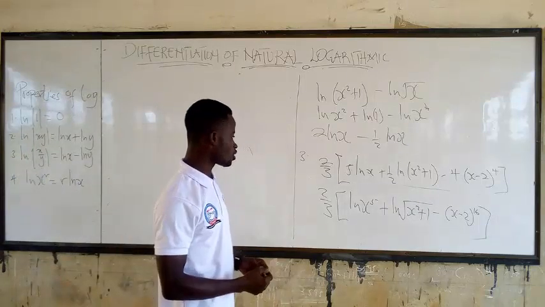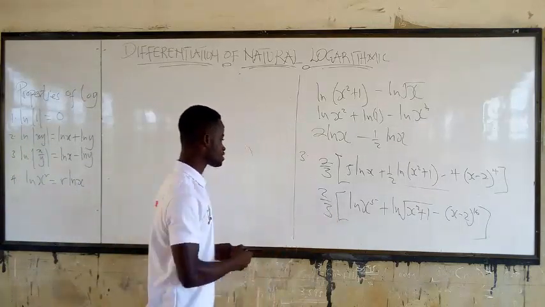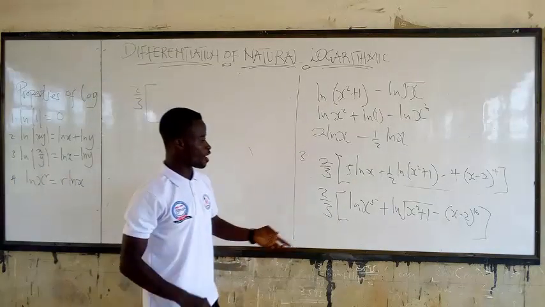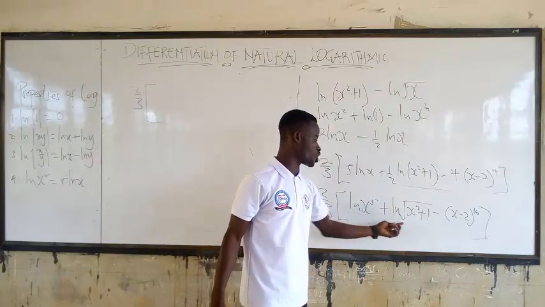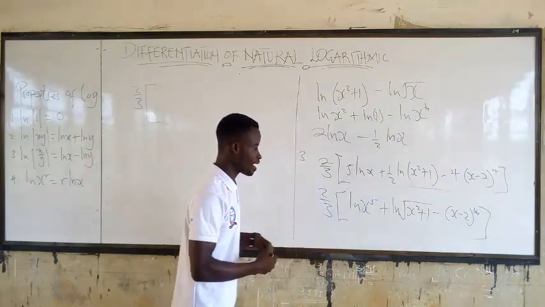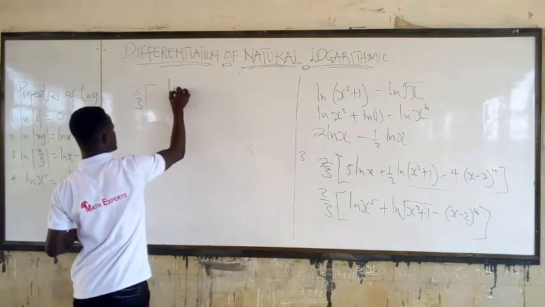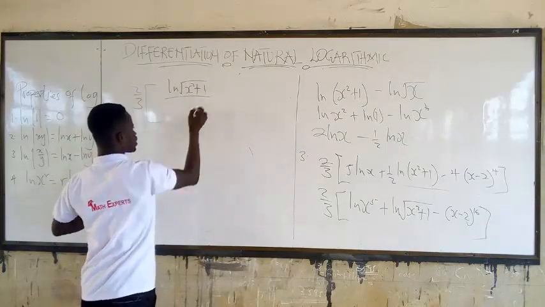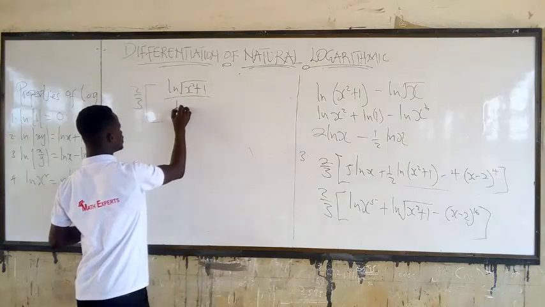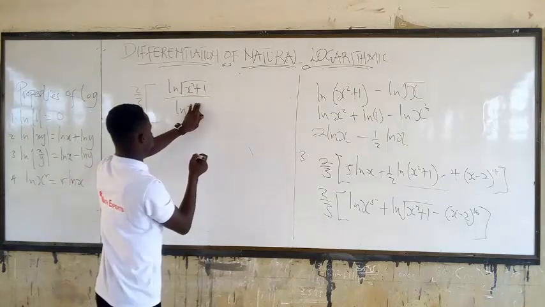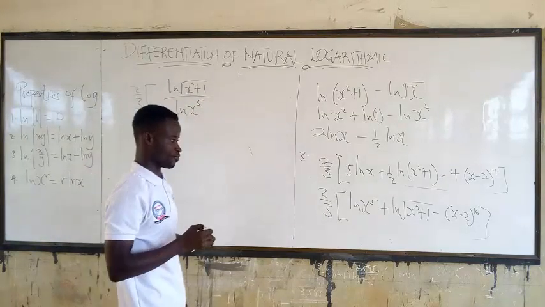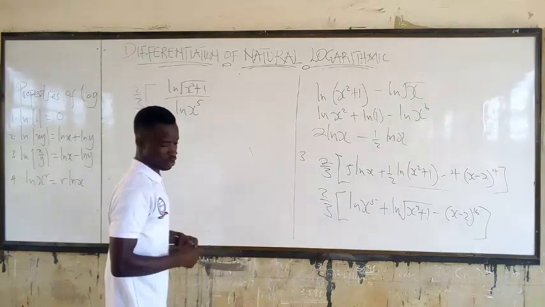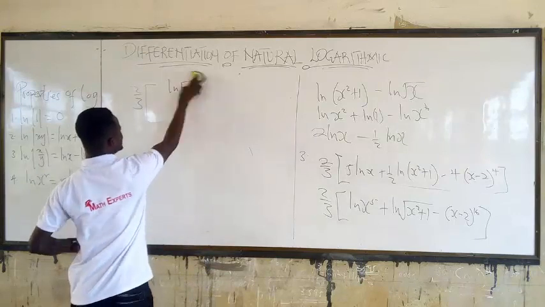Okay, let's continue. Now, having this 2 over 3 come out, we can see that the plus is here, so we can apply the product idea. This will be ln square root of s squared plus 1, all this over ln s to the power 5, minus, oh sorry, it's a product.